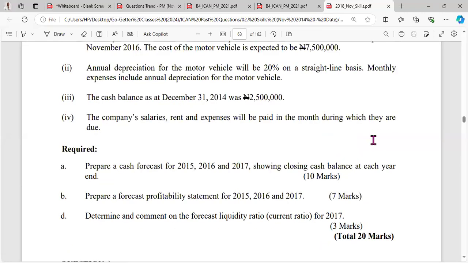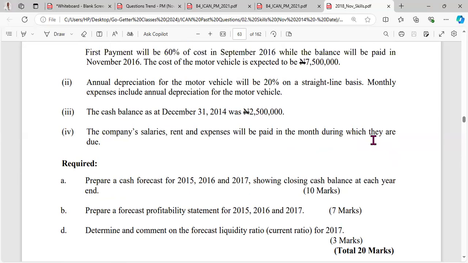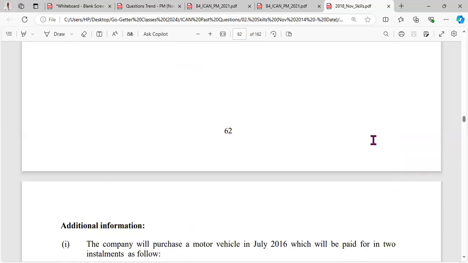Then we prepare a profitability forecast, then determine and comment on the forecast liquidity ratio for 2017. So let's prepare a cash forecast.